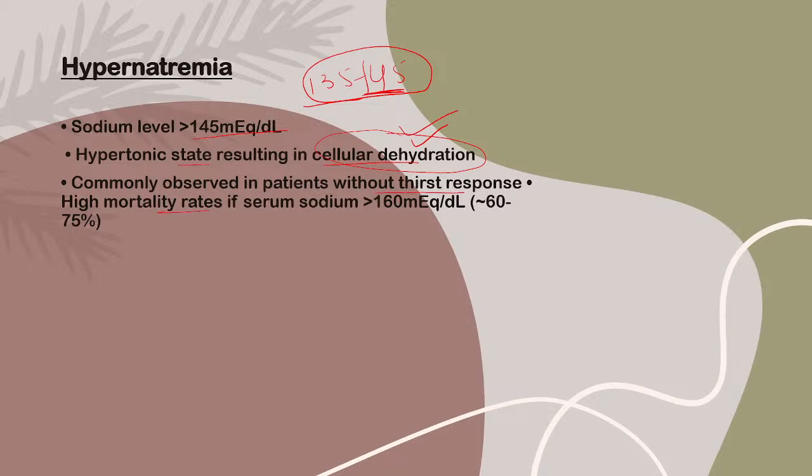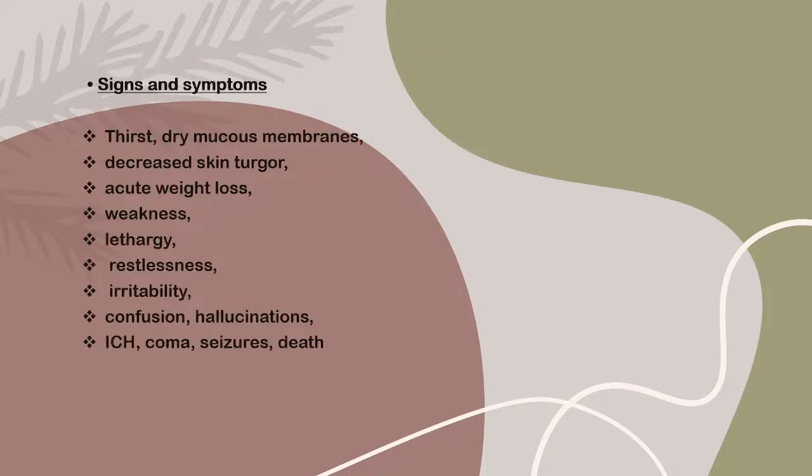There are high mortality rates if serum sodium is more than 160. If hypernatremia is not treated and serum sodium goes above 160 milliequivalents per deciliter, there is a high chance of mortality and it may be really fatal.